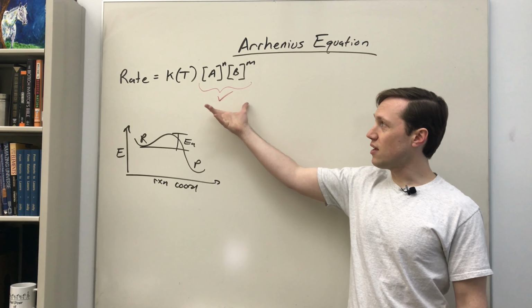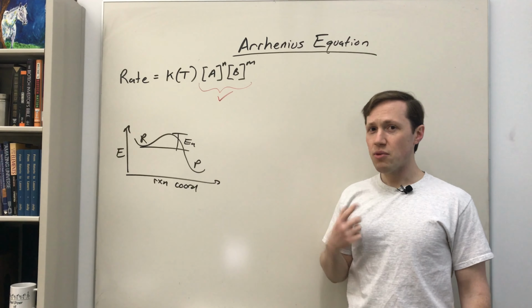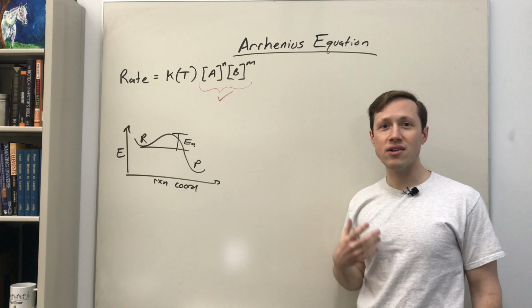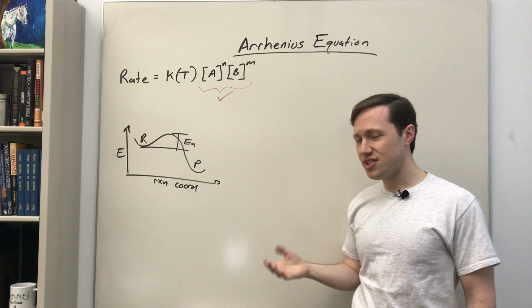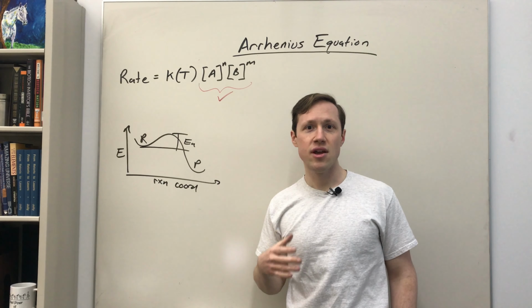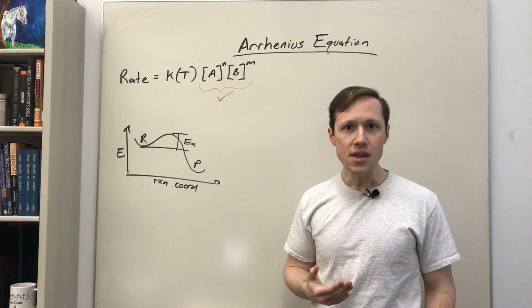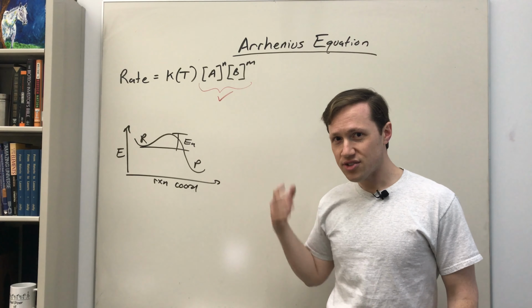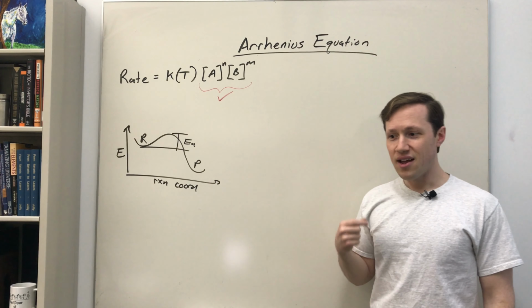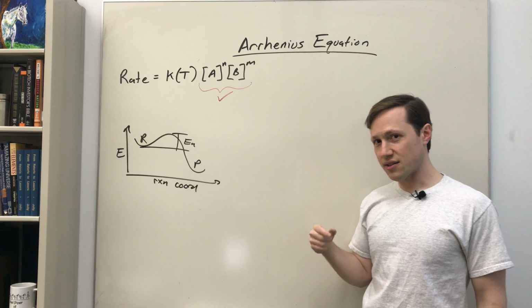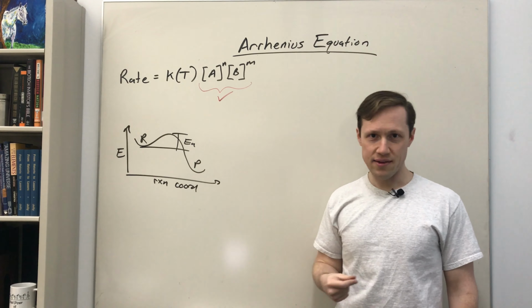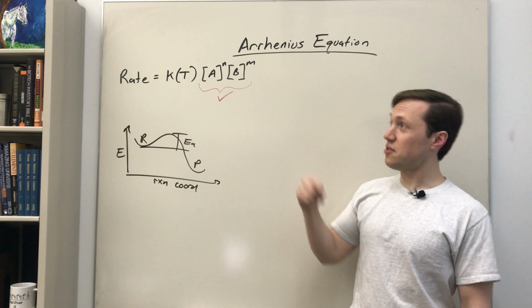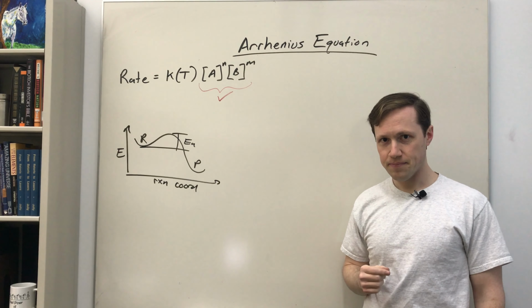Now, with rate laws that we've seen so far, we have a pretty good idea of where concentration is showing up, but we haven't seen anything that yet accounts for temperature. So what we're looking for is some aspect of this rate law that's going to bring together what we know about activation energy and about temperature in a mathematical way. That's going to turn out to be the Arrhenius equation.